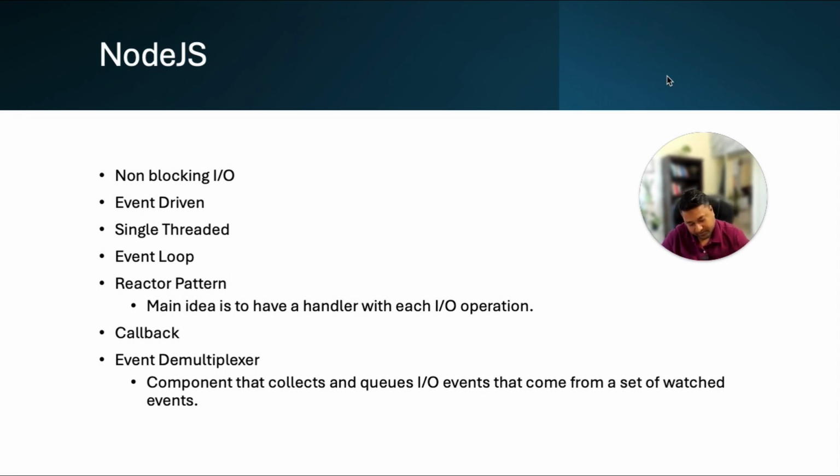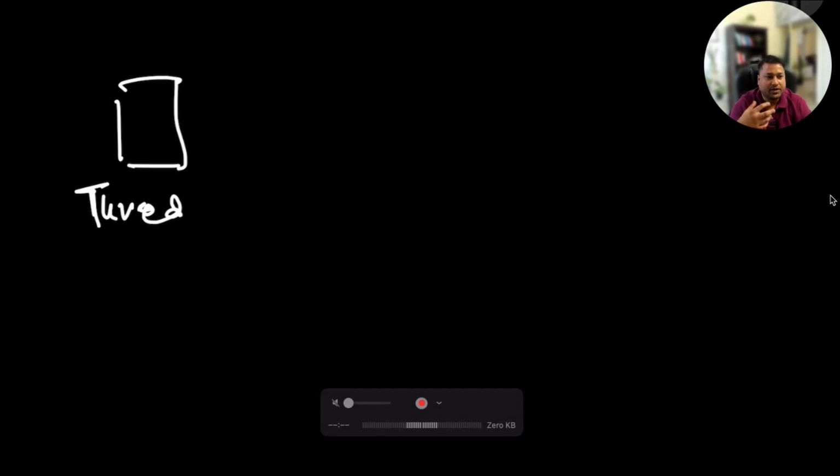All right. So now let's say this is one system. This is your, let's say, thread. Or let's not use the terminology of thread, otherwise you will again get confused.